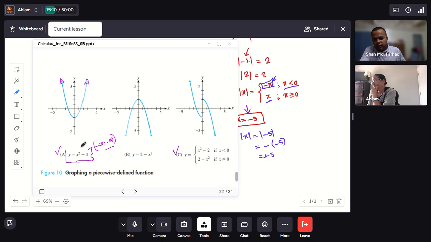So here, if we look at the function y equals x squared minus 2, is there any value of x for which you will not get an output over the real numbers?